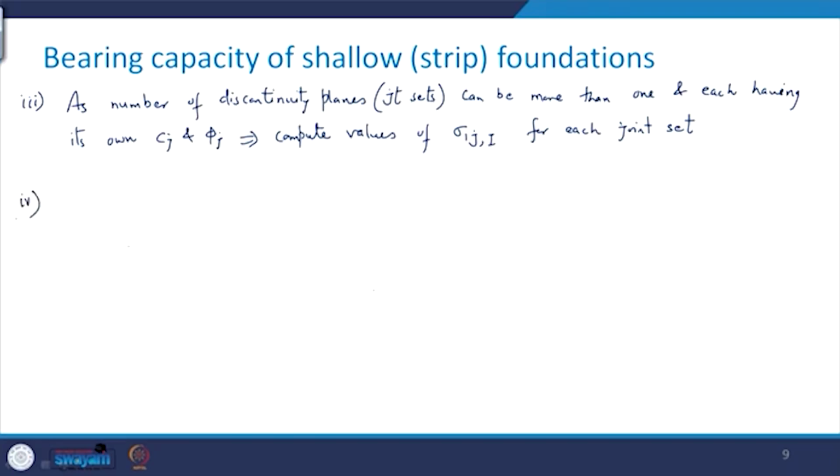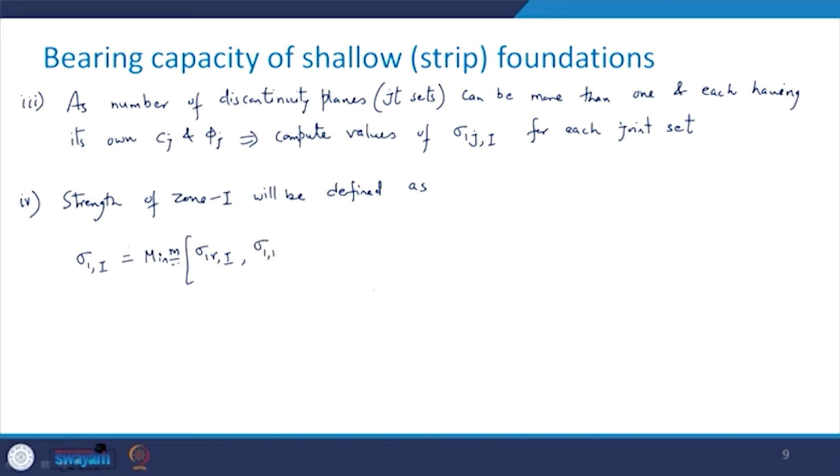And then the fourth step is that the strength of zone 1 will be defined as sigma 1 of zone 1 will be the minimum of sigma 1r of zone 1, that means the intact rock, then sigma 1 of the first joint set in zone 1, sigma 1 of the second joint set in zone 1, and so on, sigma 1 of the ith joint set in zone 1, and so on, sigma 1 of the nth joint set in zone 1.